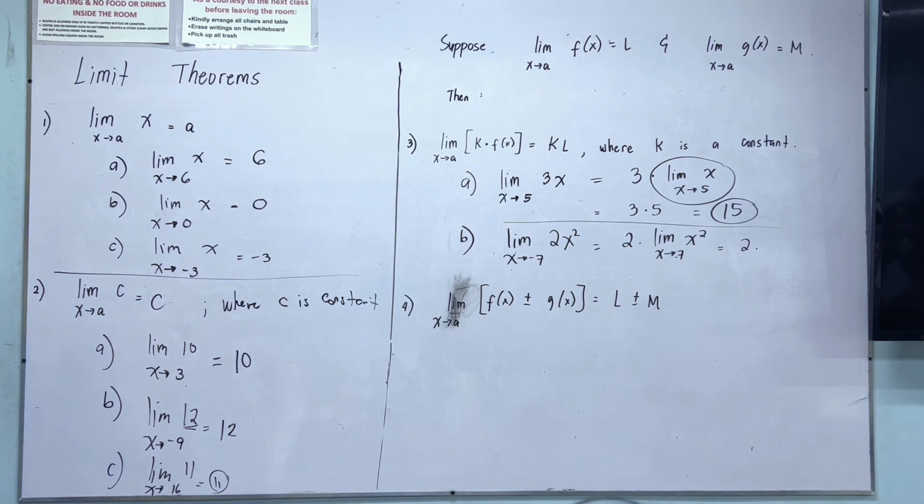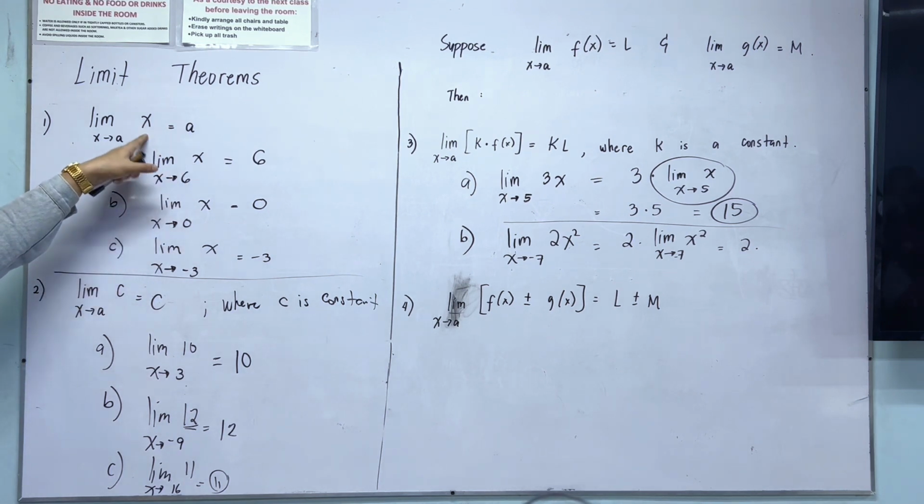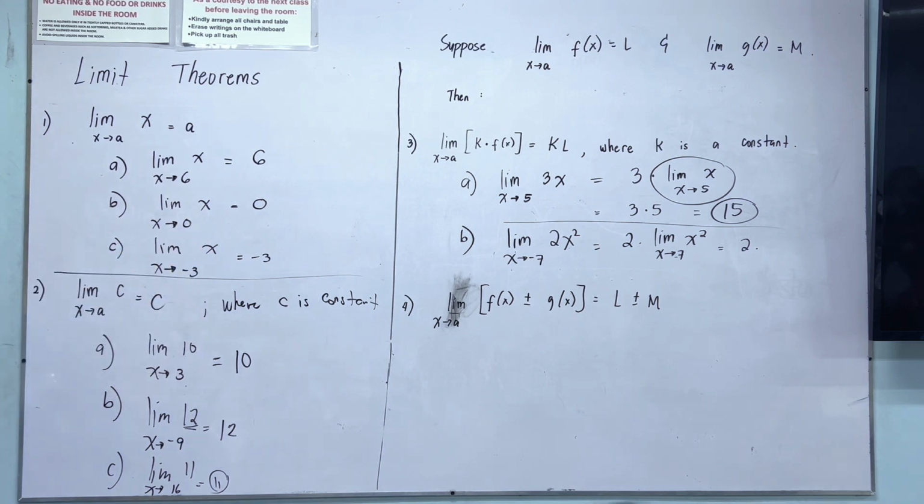Ang goal natin dapat x lang siya, gaya ni theorem 1, puro x. Paano tatanggalin yung square? Hindi ka pwedeng gumamit ng square root kasi we're not getting the value of x.